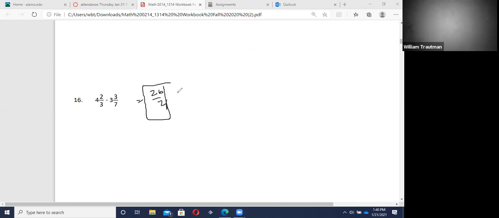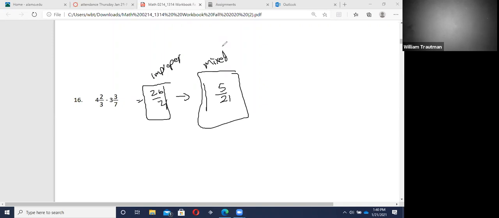And if you're using your calculator, change it to a mixed number and you get 1 and 5 over 21. This is the improper answer. This is the mixed number answer. Remember, to change it to a mixed number, you go to the second button, and it changes it to a mixed number.